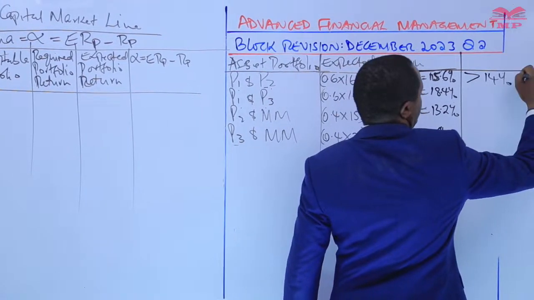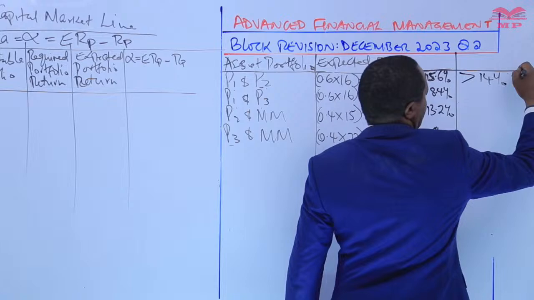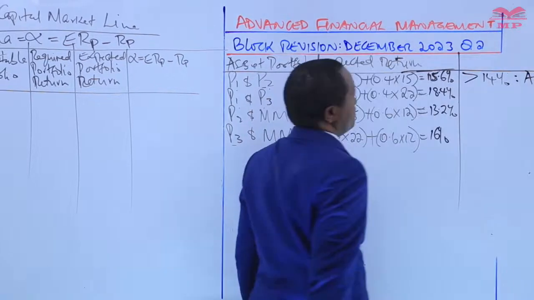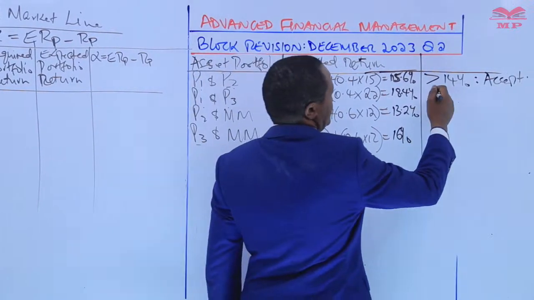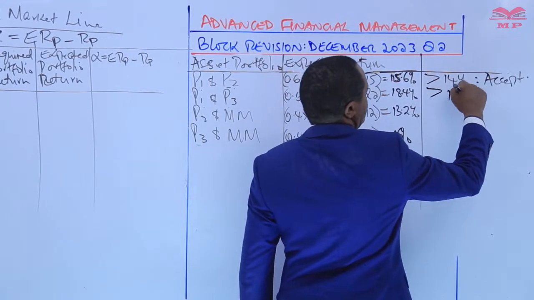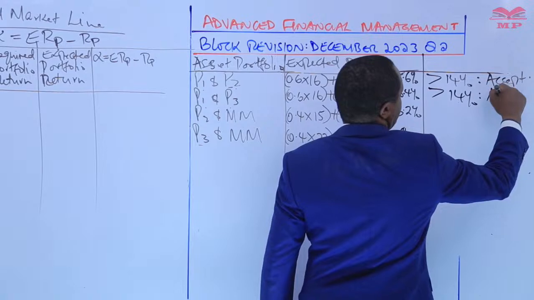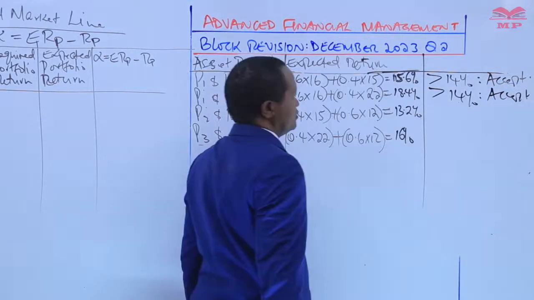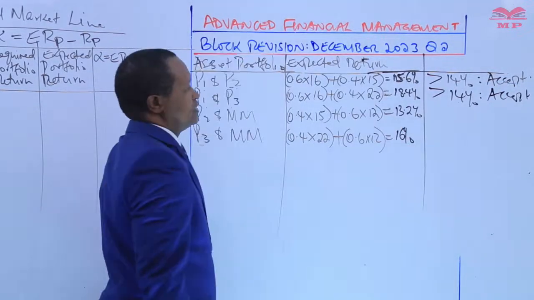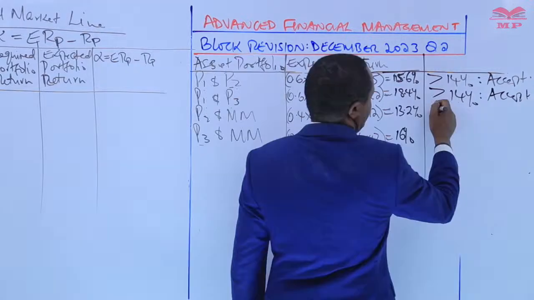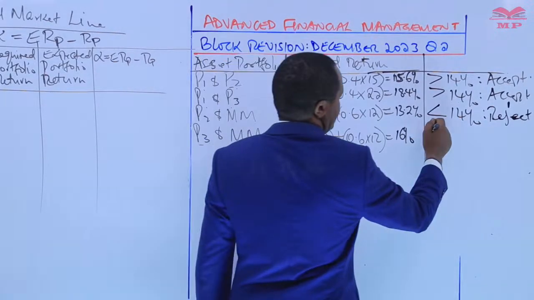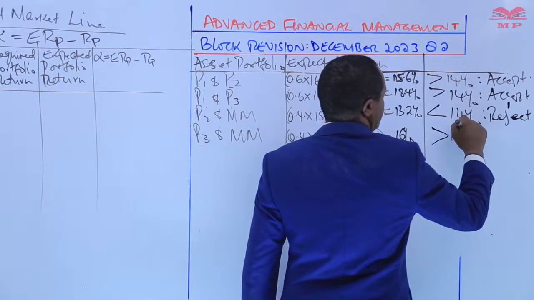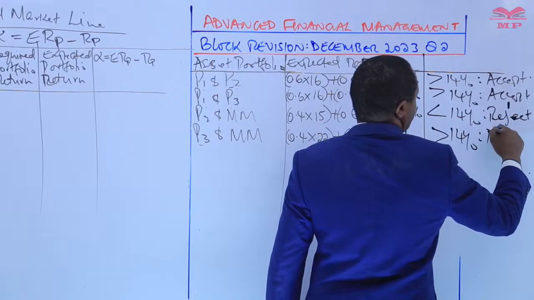So the decision is to accept. 18.4% is greater than 14%. Therefore, accept. 13.2% is less than 14%. Reject. 16% is greater than 14%. Therefore, accept.